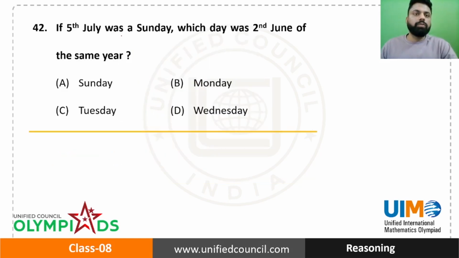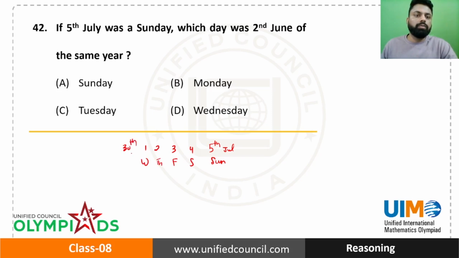Next one. If 5th July was Sunday, then which day was 2nd June in the same year? So 5th July, Sunday, 4th, 3rd, 2nd, 1st. Saturday, Friday, Thursday, Wednesday.